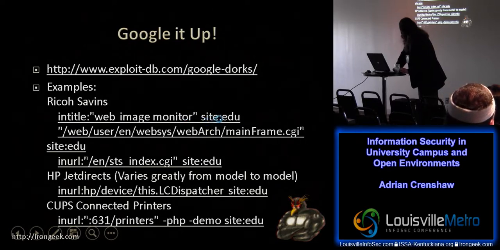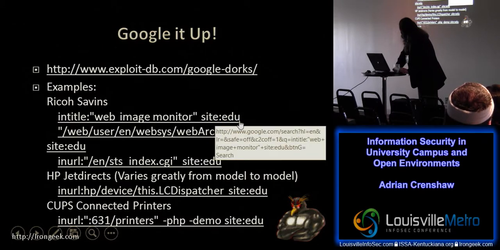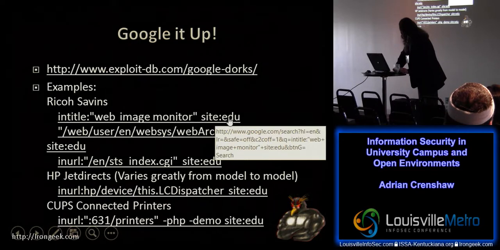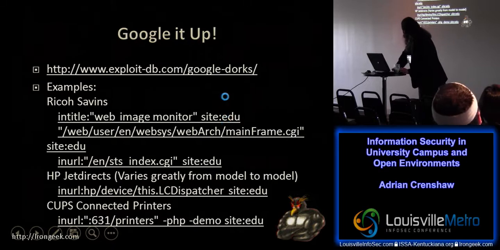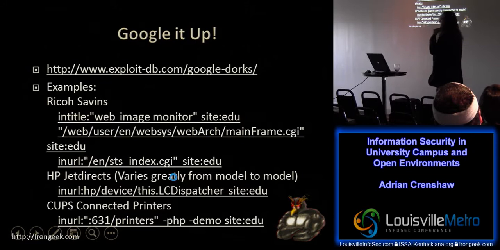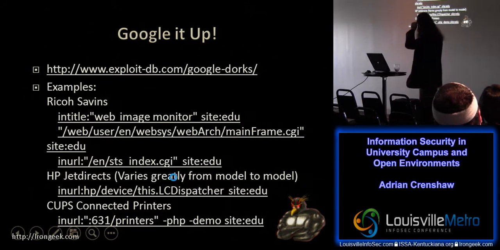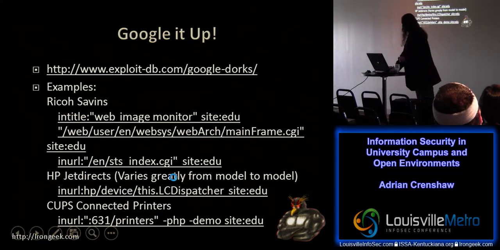For instance, this one's using site:. That's saying find only things that end with edu, and I could use that as papermill.edu and specify a particular university. My web browser is not wanting to respond right now. But these are all search strings for finding printers that people just have out there on the public internet that you can go look at. Because of time, I'm going to go on because my web browser is not functioning right now. But look up Google hacking sometime.